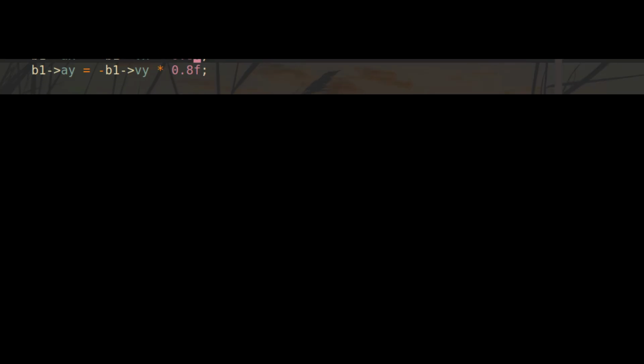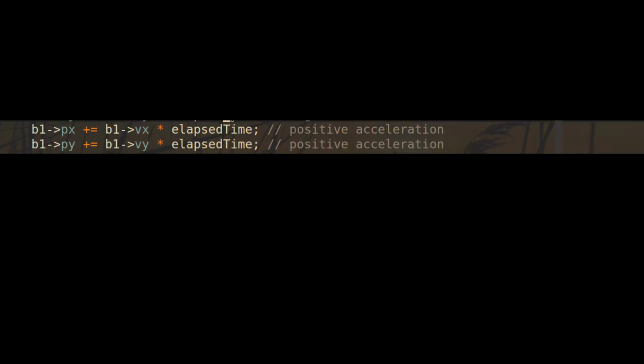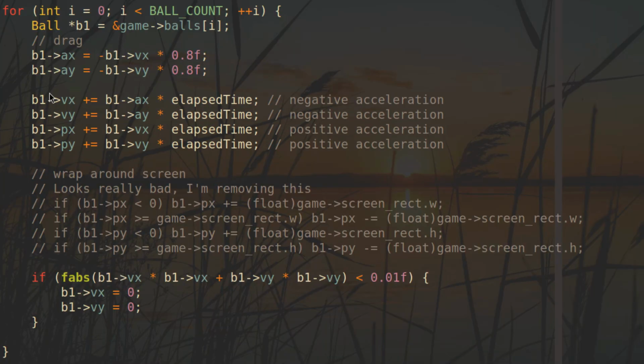So we're going to take our velocity, and we're taking this acceleration, which is just the drag, and multiplying it by time. And this drag is just going to make this value keep getting smaller and smaller. Then we're going to get our velocity for the balls, and this will be our positive acceleration for X and Y. And after that, we just went through this.